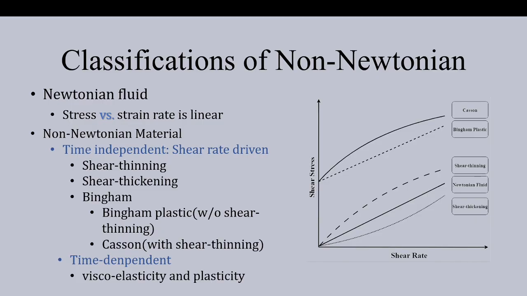As shown in the diagram, shear thickening fluids exhibit an increase in viscosity with increasing shear rate, and vice versa for shear thinning fluids. Bingham-type fluids, including Casson fluids, have a non-zero stress at 0 shear rate. For the time-dependent nonlinearity, we modeled viscoelasticity and plasticity with the generalized Maxwell model, which will be discussed later.